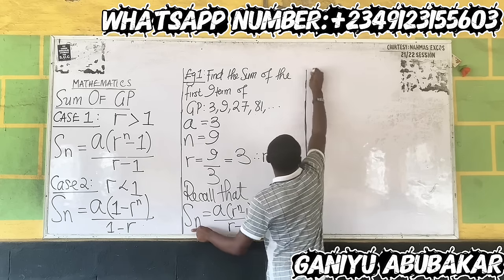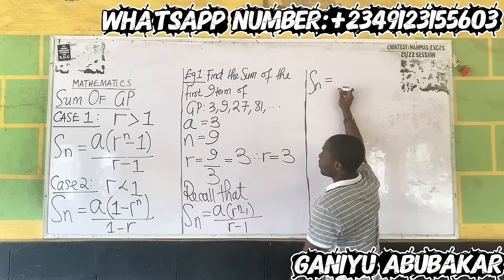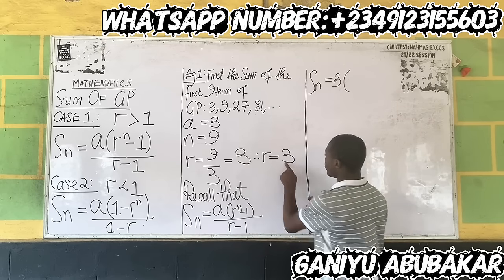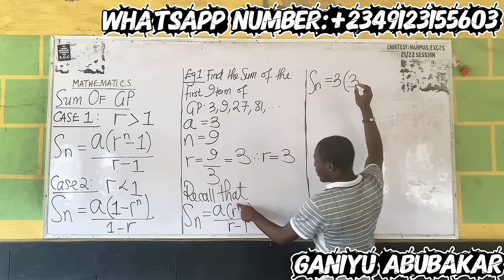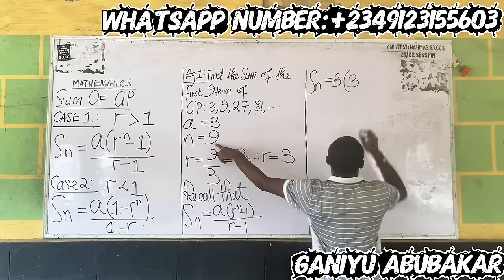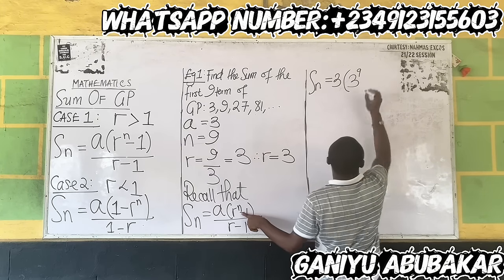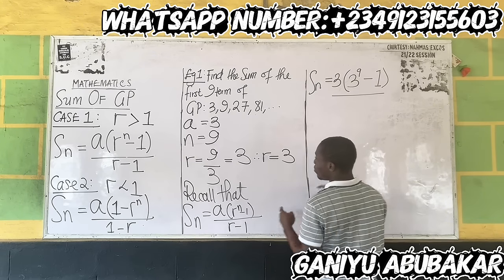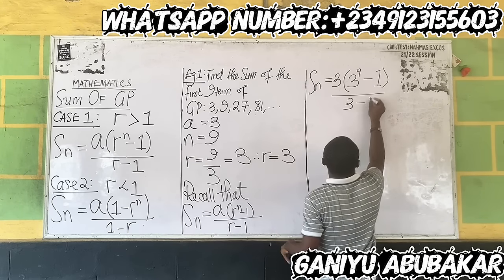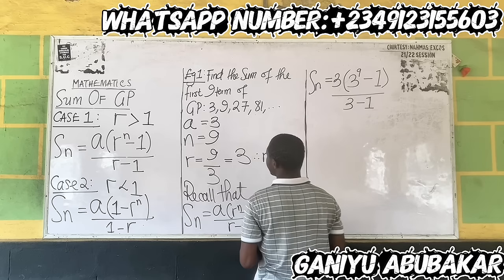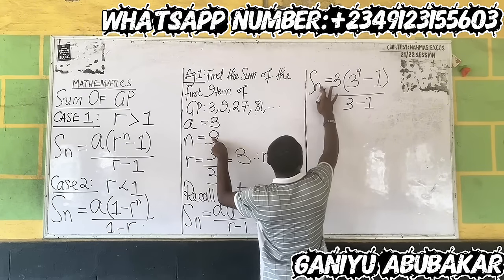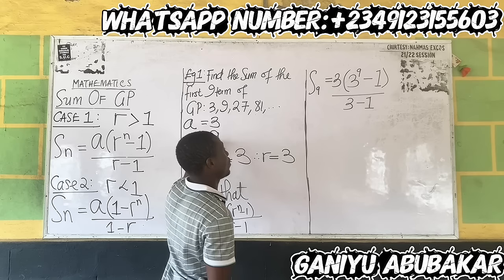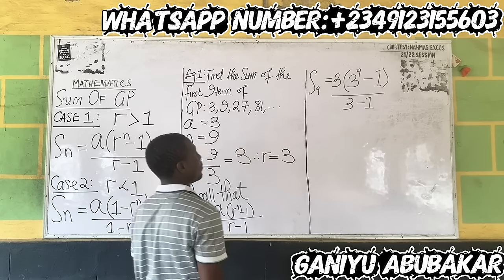Substituting, Sn is equal to A, the first term, which is 3, into R, which is 3, to the power of N. N is 9, so 3 to the power of 9 minus 1, all over R, which is 3, minus 1. So the sum of the 9 terms is equal to 3 into 3 to the power 9 minus 1, all over 3 minus 1.